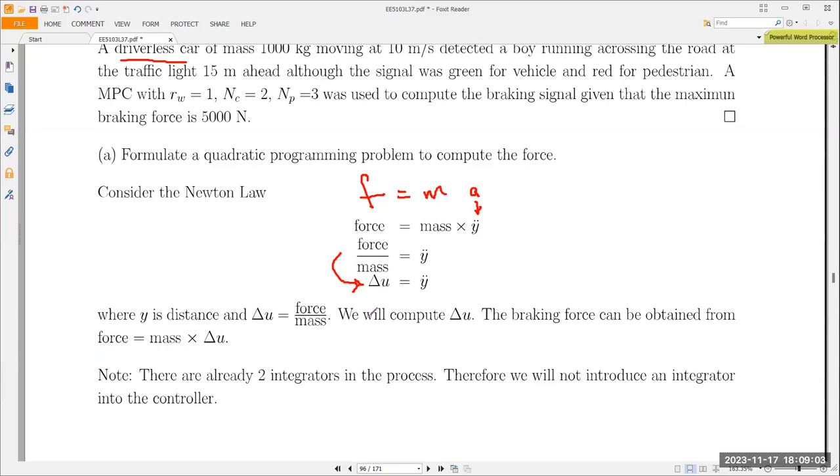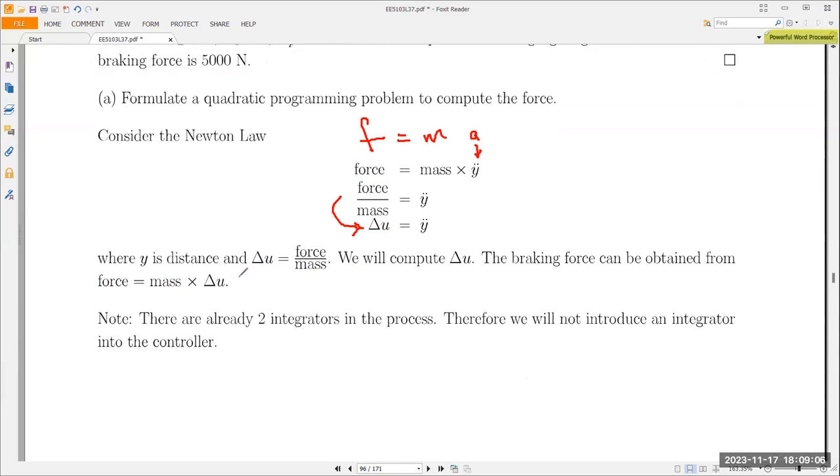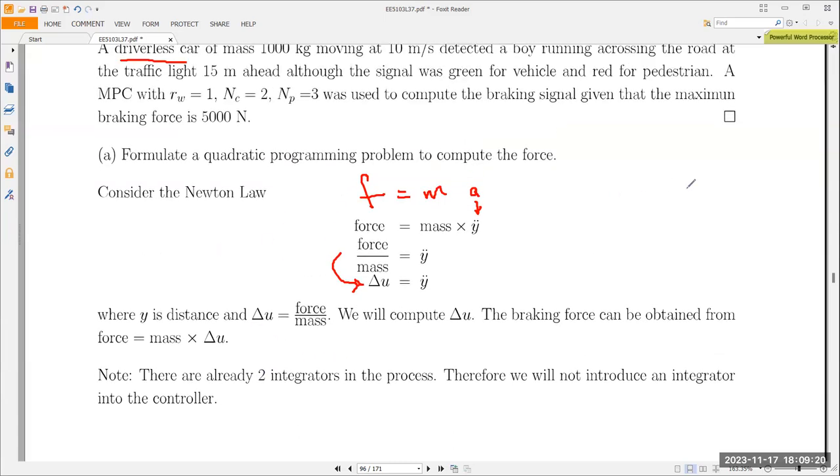Now y is the distance, and we will compute delta U. There is a maximum braking force of 5000.